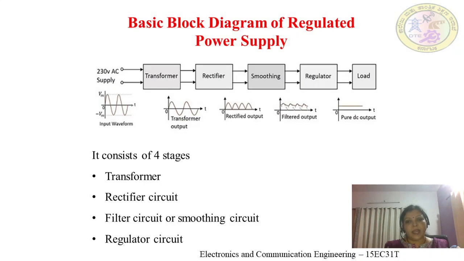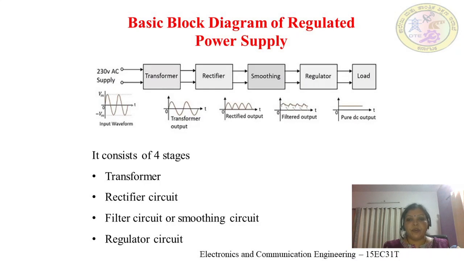The function of the filter circuit is to filter out the AC component present at the rectifier output to the maximum extent. But still we cannot say the output of the filter is a stable, fixed, regulated DC output, because it still consists of a little amount of AC component.